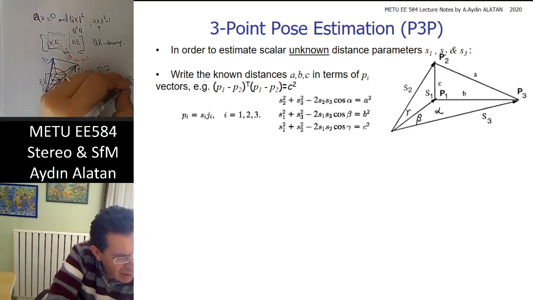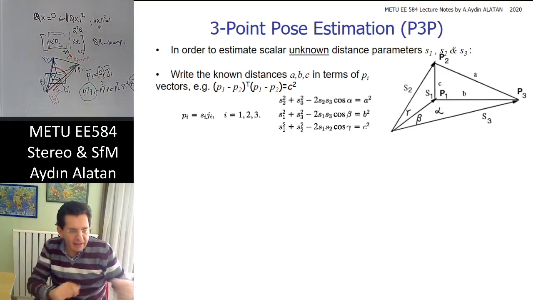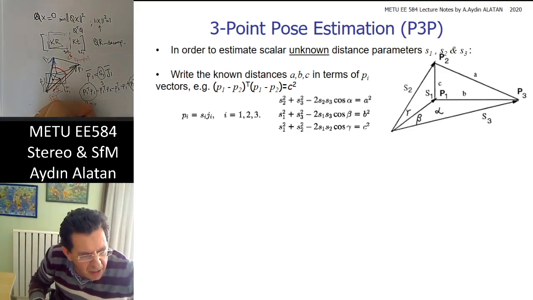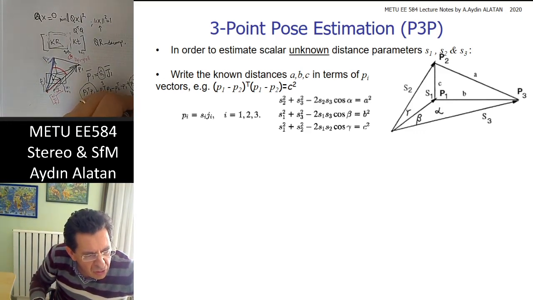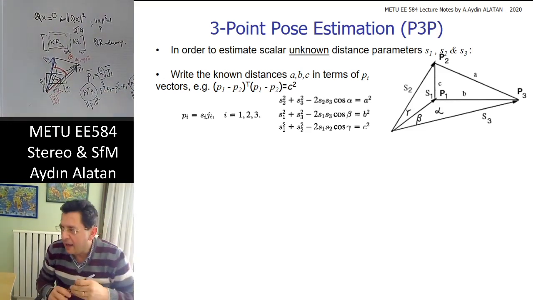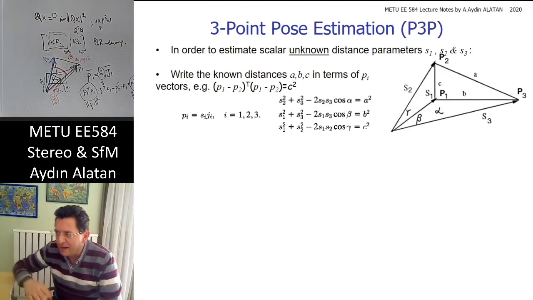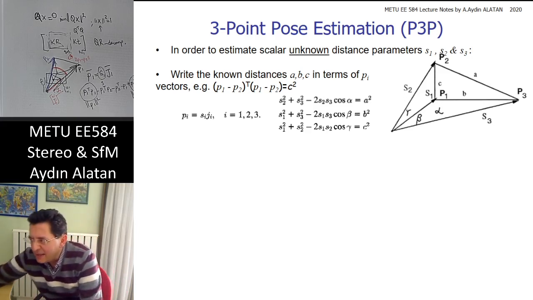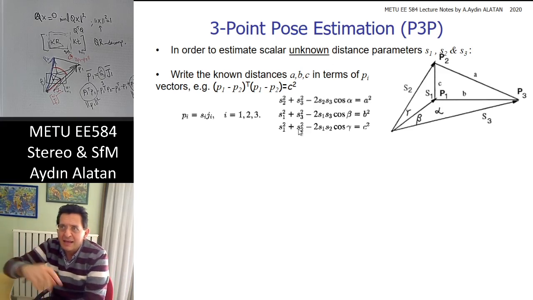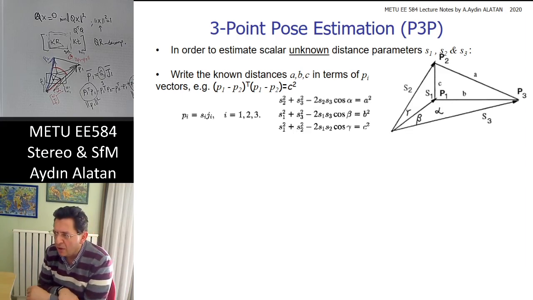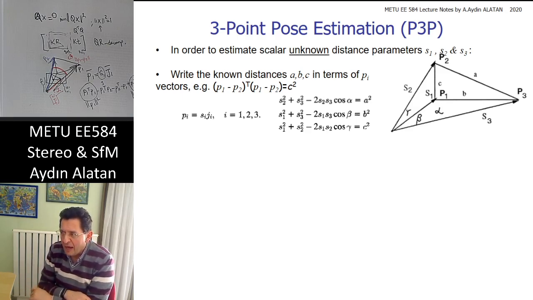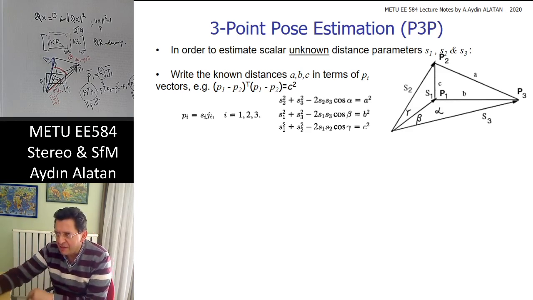These are nothing but P1 squared and P2 squared. Since their distances are S1 and S2, they are given by the last equation I was talking about in the slides: S1 squared plus S2 squared minus 2 S1 S2 cosine gamma is equal to C squared. Therefore I have three equations like this.